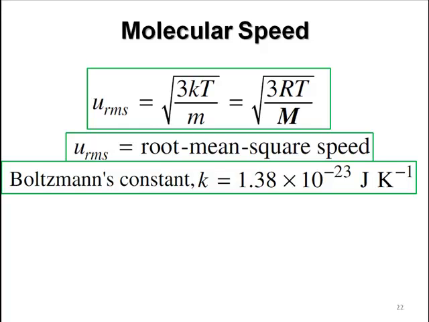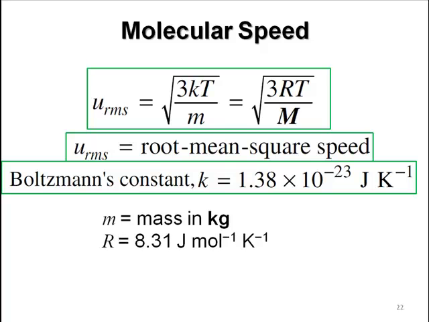This is the capital M, this is the lowercase m, this stands for mass. I believe that capital M, I'm assuming, will be molar mass. Small m means mass in kilograms.